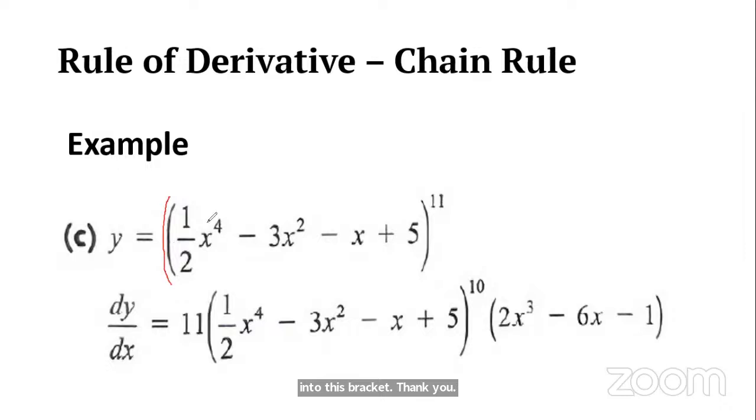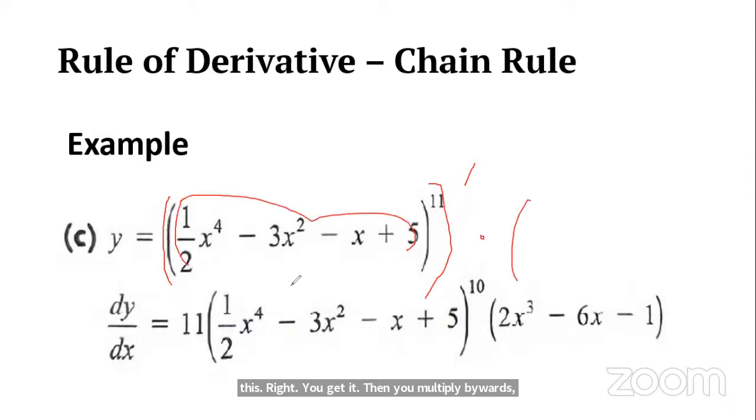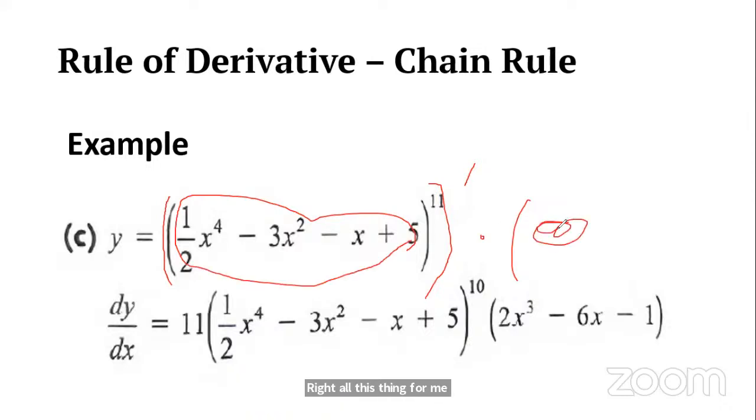All this one first into bracket like this, prime. You get it? Then you multiply by what? Then you come to a bracket and you write all these things for me inside here. Then you close the bracket and you do prime again. You get it? So I was expecting something like that. Who can write it for me and give me the answer?